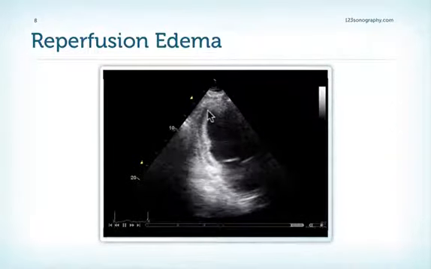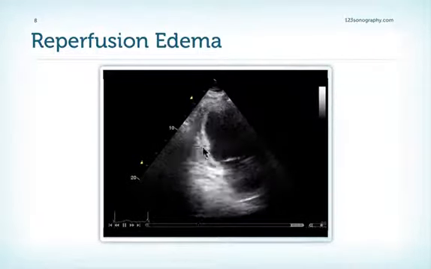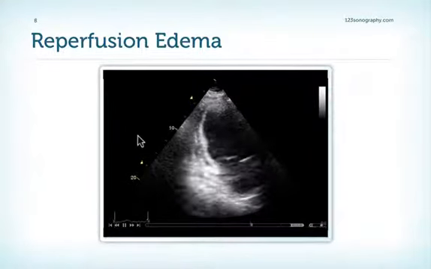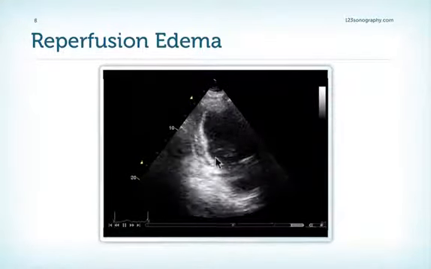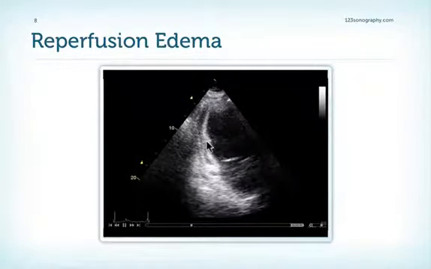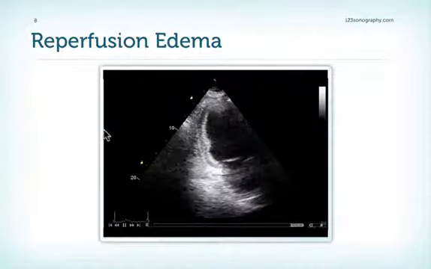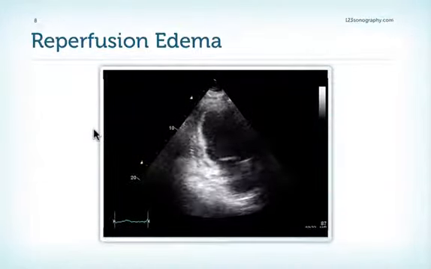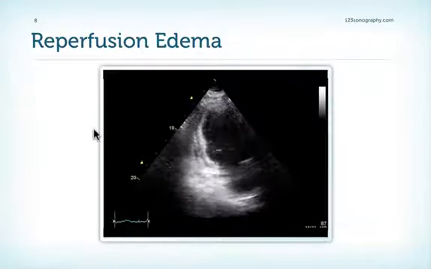And you can also see that the myocardium is very echogenic. Now, this echocardiogram was performed only 3 hours after intervention, so this certainly cannot be fibrosis and it cannot be scar, but it is actually edema. So this echocardiogram nicely shows that we can study the different state of perfusion in these patients as well.